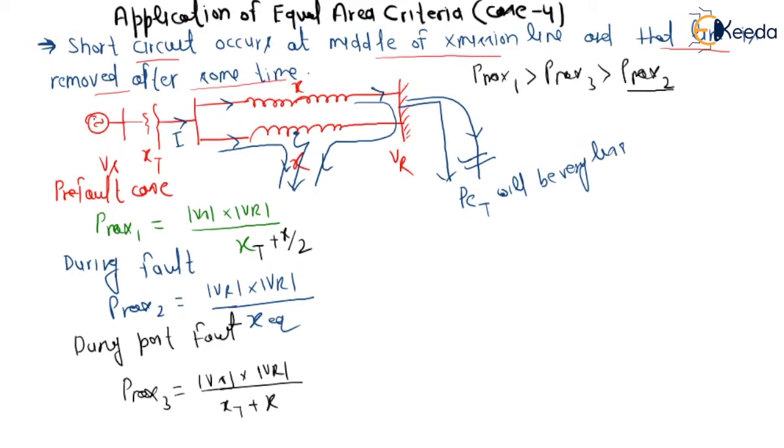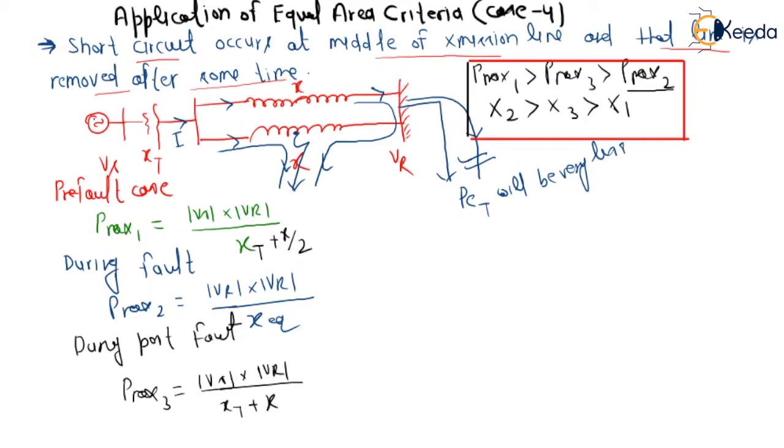In terms of reactance also, x2 will be much greater than x3, x3 is greater than x1, meaning x1 will be the smallest. We must remember these equations whenever we are dealing with a fault in the middle of the transmission line, or anywhere in between except at the source and load.